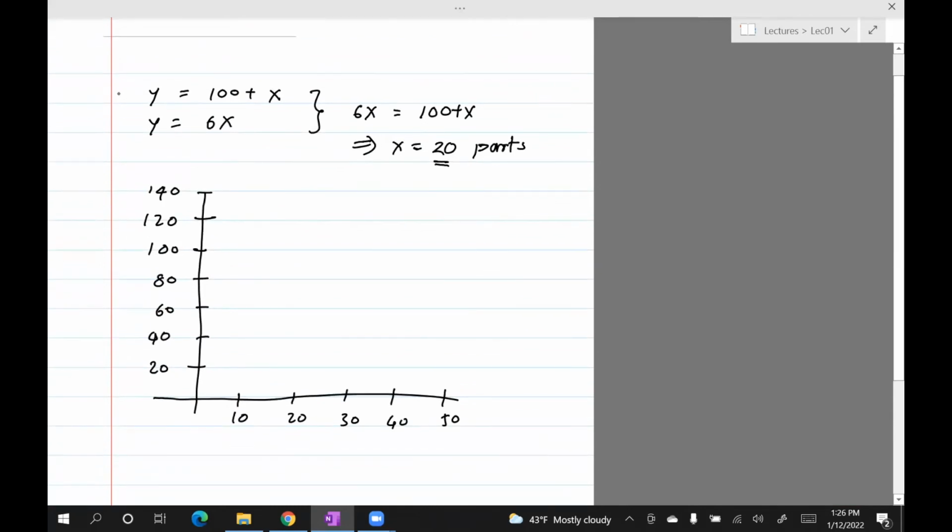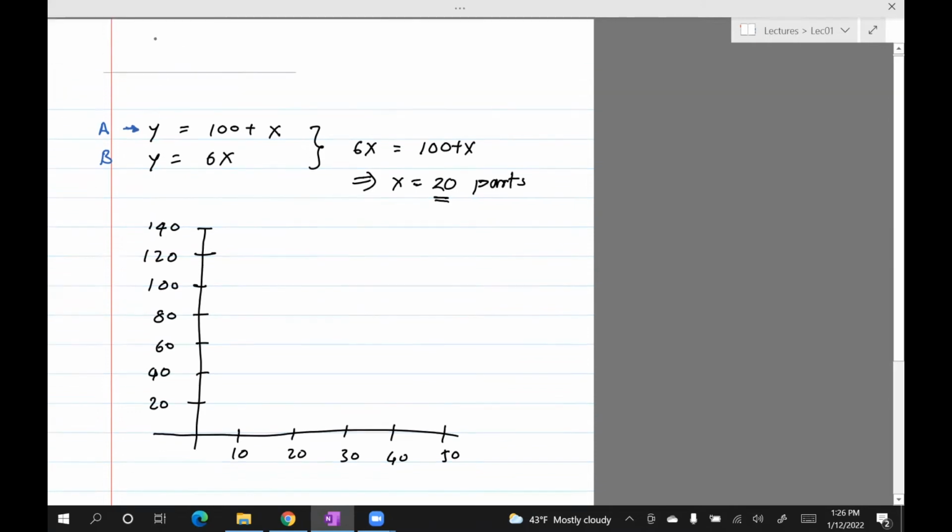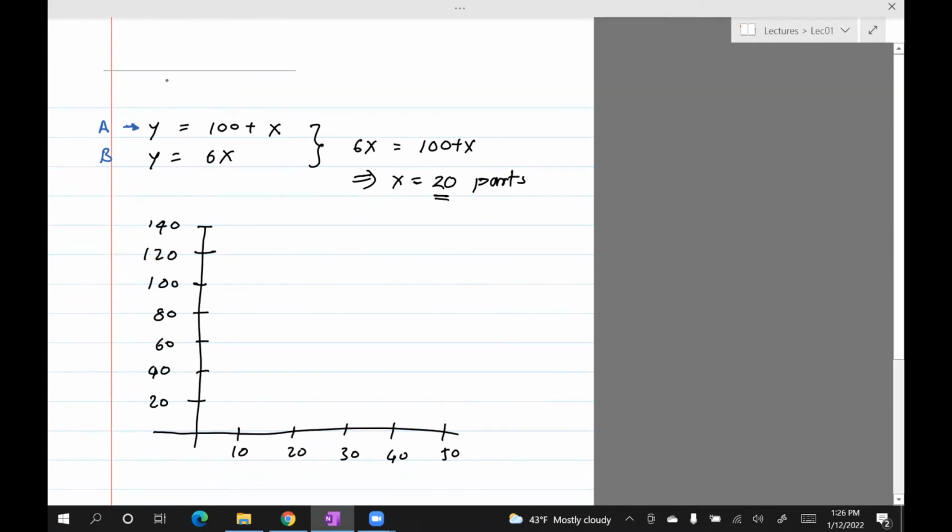What I need to do now is draw the lines for the two machines. This is A, and this is B. For A, if you remember, if you have the equation y equals c plus mx, then this is the equation for a line with slope m and intercept c on the y-axis.